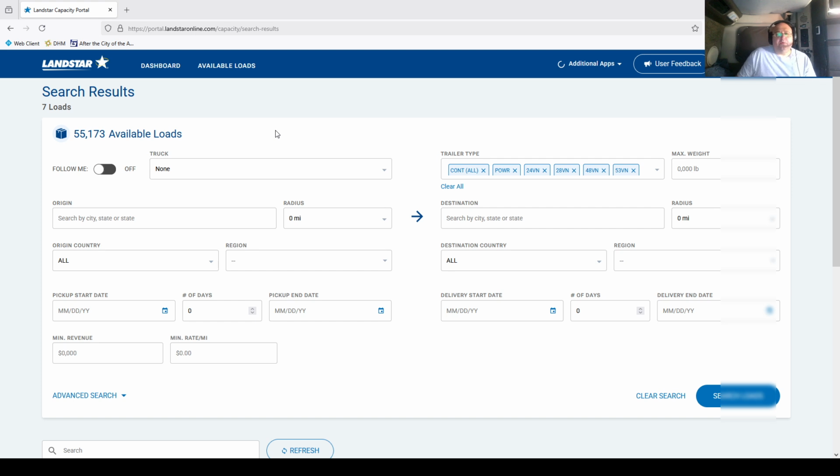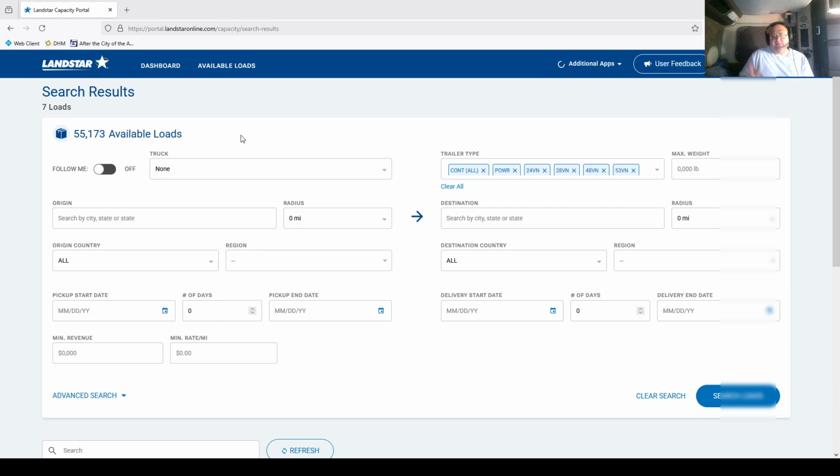So, almost all of the loads on Landstar's load board are van loads. So of the 65,000 loads on Landstar's load board, 10,000 of them are not van loads. That tells me that if you're not hauling dry van, Landstar is not the place to be.